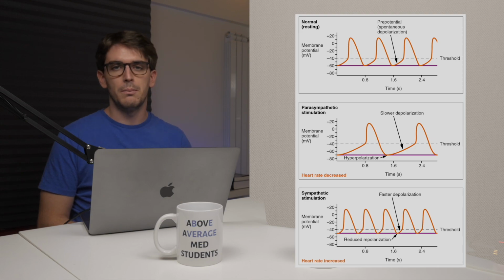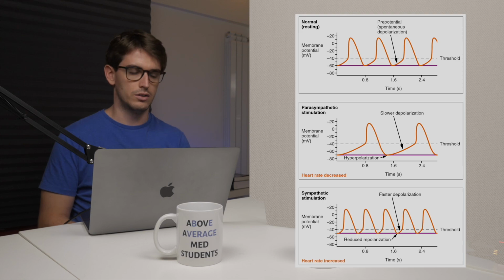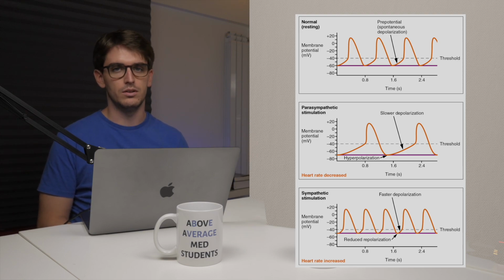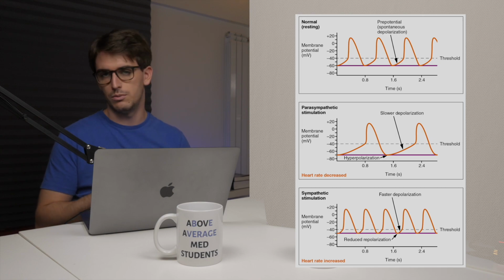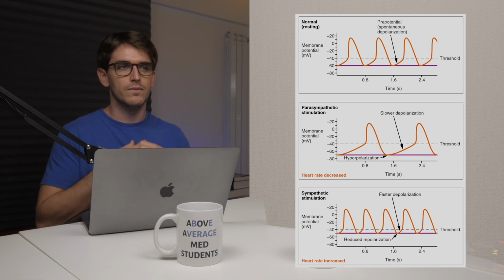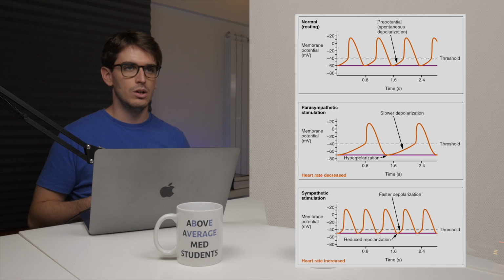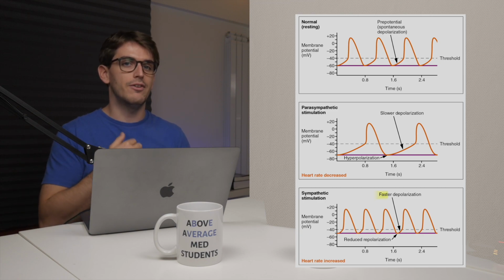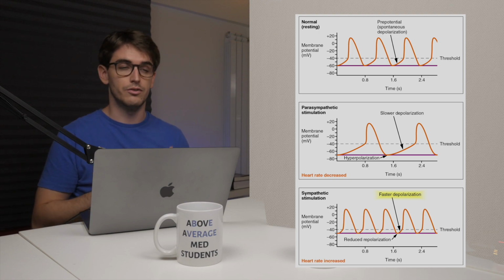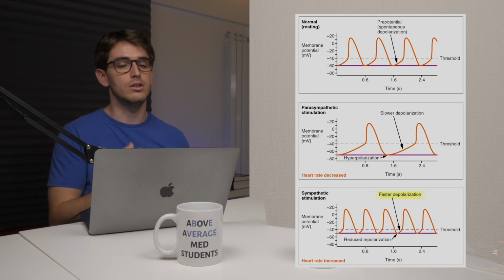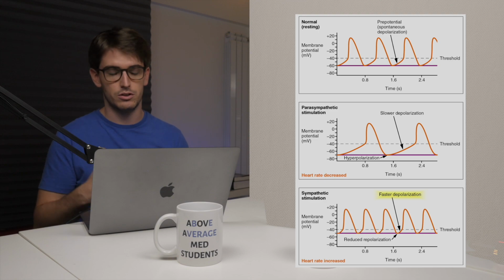It does so by controlling the permeability to certain ions in our heart. As Francesco said before, the main ions involved in heartbeat are sodium, calcium, and potassium. By increasing the permeability of our conducting cells in the heart to sodium and calcium, we will be able to reach a faster heart rate, because the inflow of positive charges, and therefore the speed of depolarization, will be faster than without stimulation.